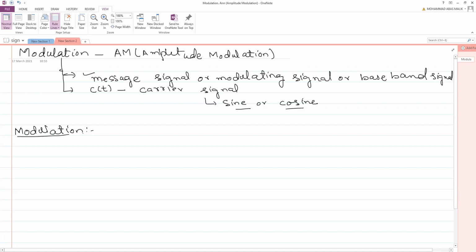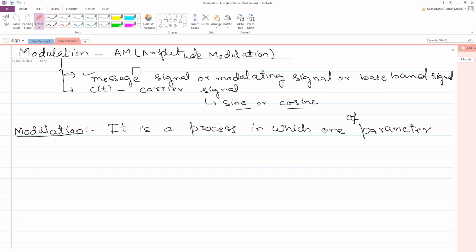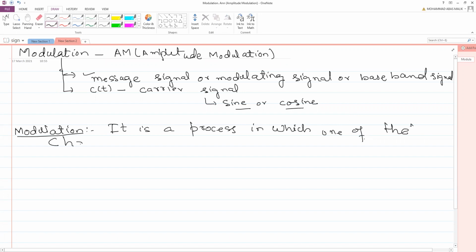It is a process in which one of the characteristic parameters of the carrier signal is varied. Now, what are these characteristic parameters?